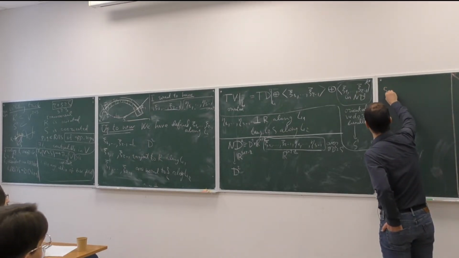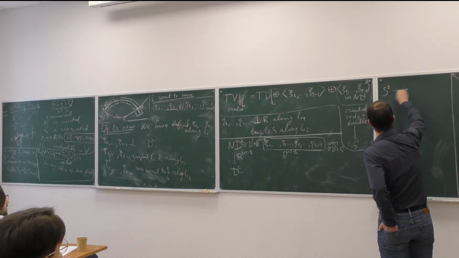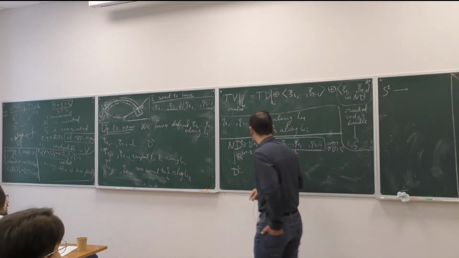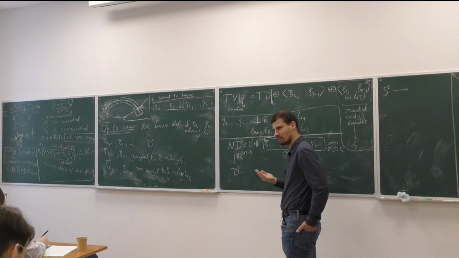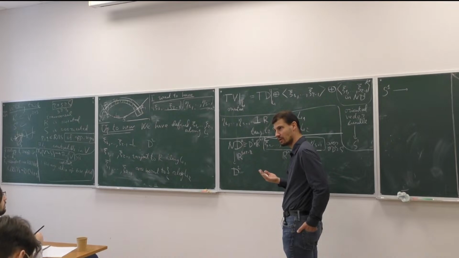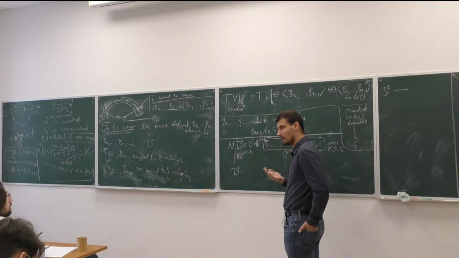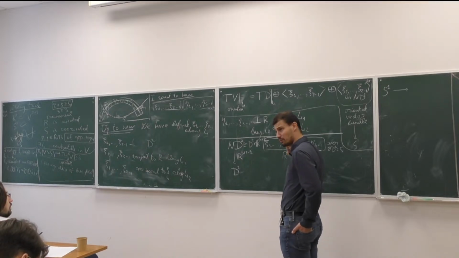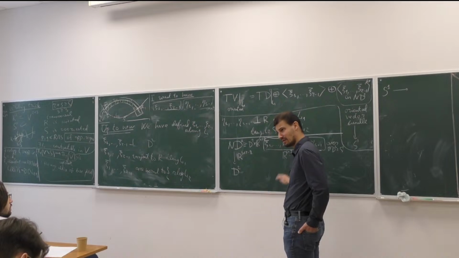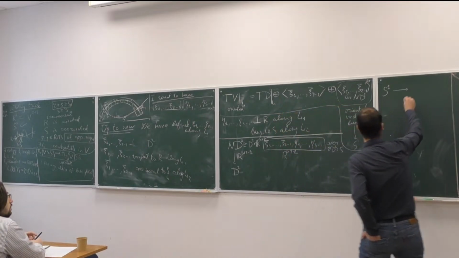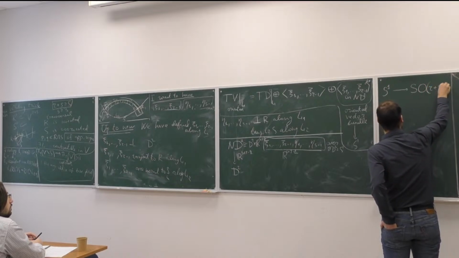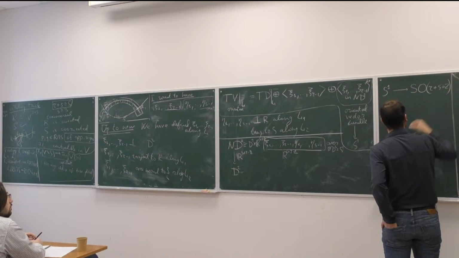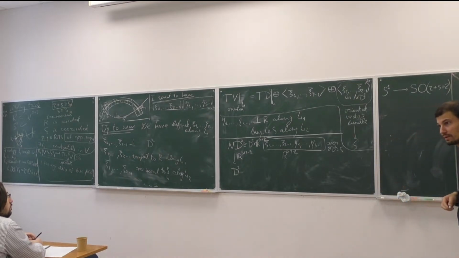So what do we actually have? We have a map from S1 to the orthonormal frames of R^(R plus S minus 2). What is the set of orthonormal frames of R^(R plus S minus 2)? The set of orthonormal frames, and all of them are positively oriented, is nothing but the special orthogonal group.